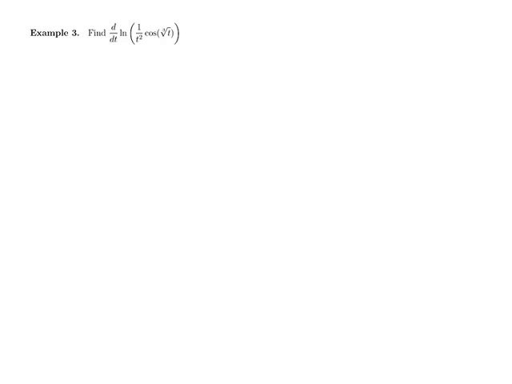In this case, we have as a whole, this is going to be chain rule. We have our inside function is the 1 over t squared cosine of cubed root of t. And the outside function is natural log of something.